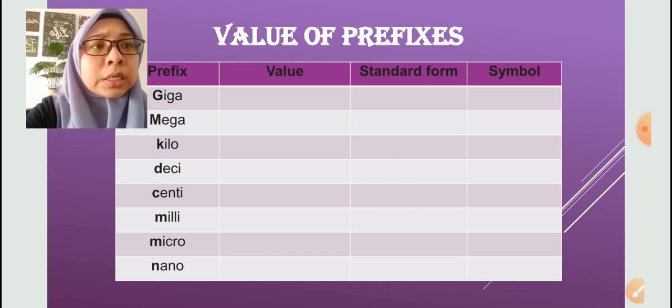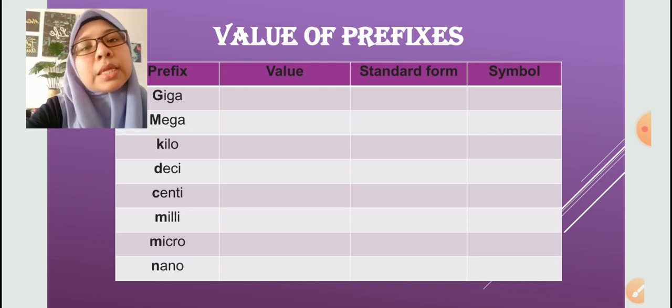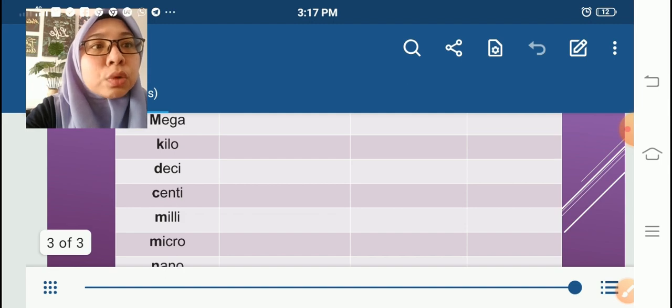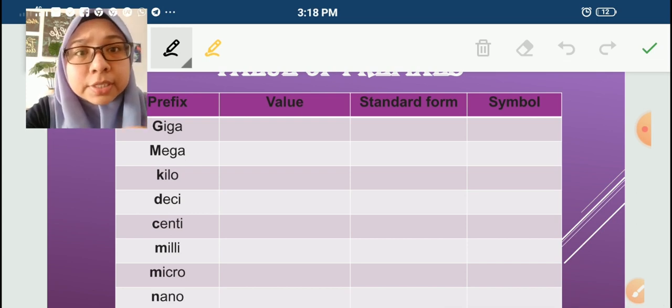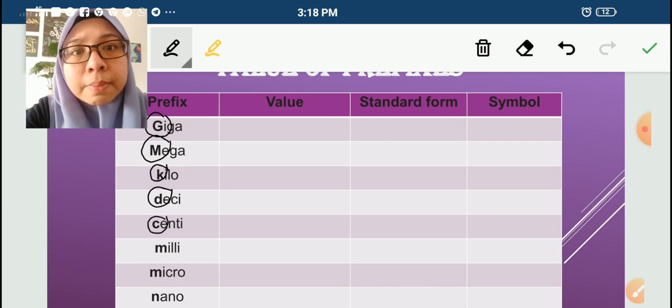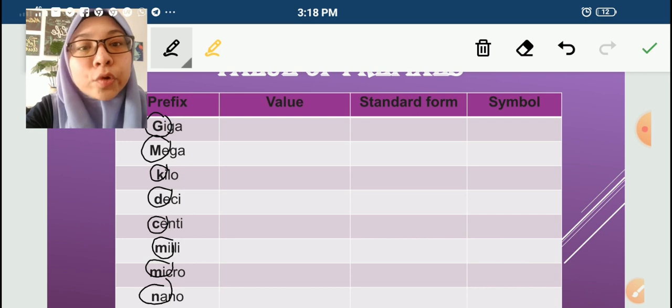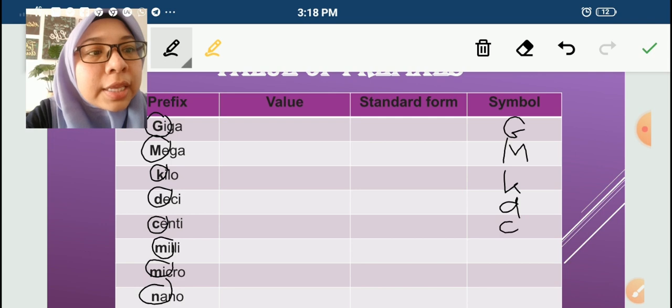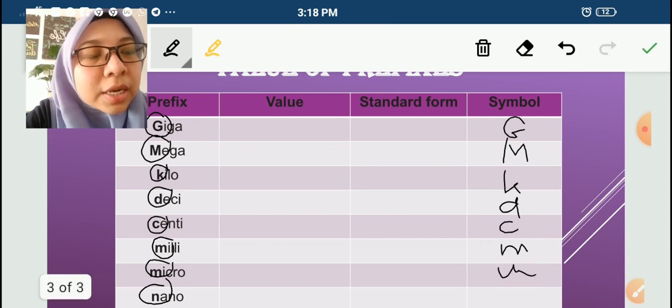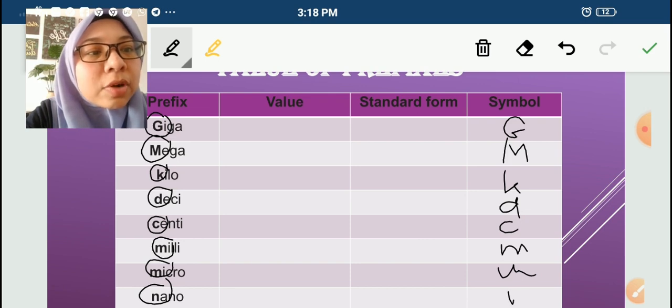Giga and mega are the bigger values, so we use capital letters: capital G, capital M. Then small k, small d, c, m, micro, and nano. Micro has a special symbol, and the last one is for nano.